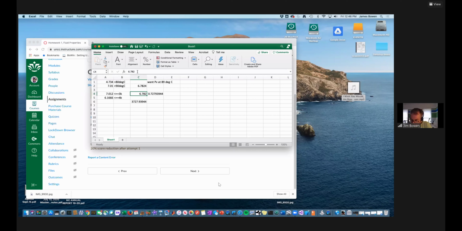And then we're going to go to the other table. We are looking for the altitude where the absolute pressure is that value, 6.782. That's between 3,000 and 4,000.